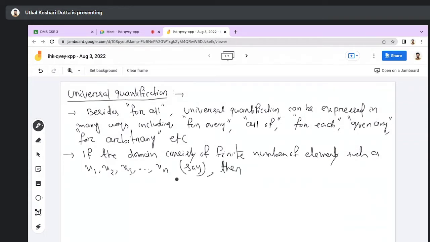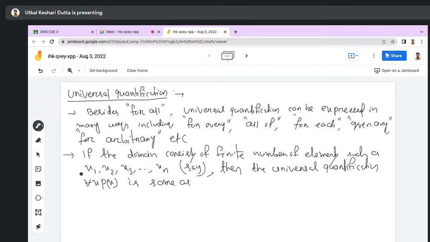Then that means the domain of a predicate contains n number of elements, that is x1, x2 up to xn. Then the universal quantification, that is for all x, P of x, where P of x is any predicate, is same as... any idea?